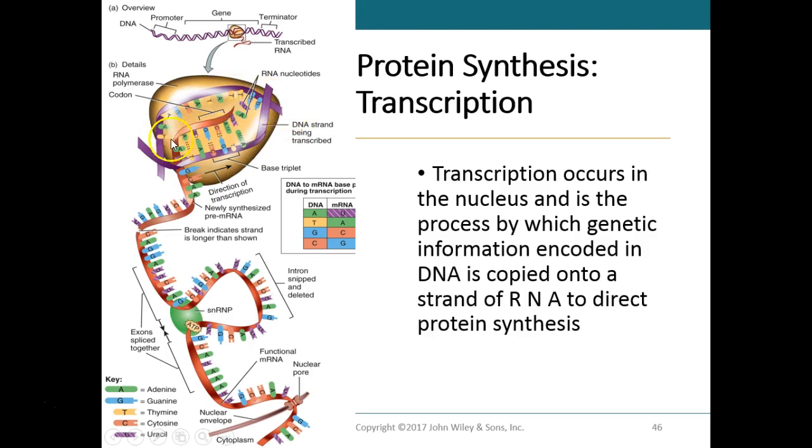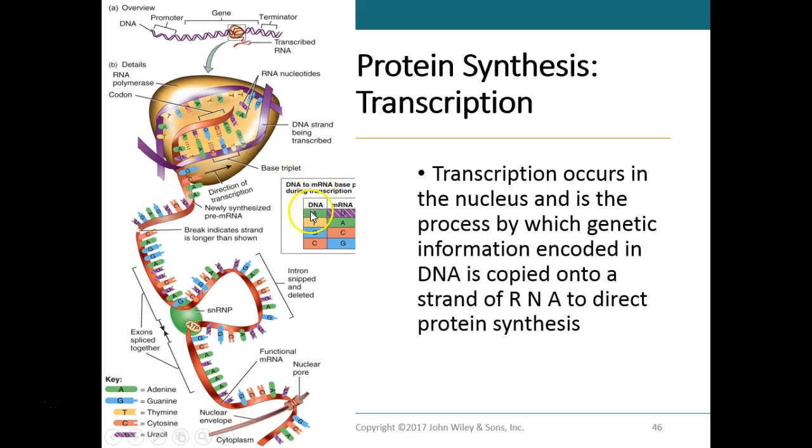The sequence of these nucleotides is going to determine the next set of base pairs that comes in and forms a strip of RNA. Now remember, transcription means to transcribe the information in the DNA into a strand of RNA. So everywhere there's an A on our DNA, we're going to put in another nucleotide that matches it.